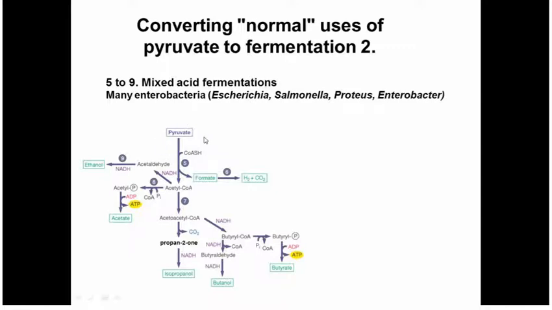Now, what is happening here? So the first step is pyruvate getting converted to acetyl coenzyme A. What normally happens is that this is catalyzed by pyruvate decarboxylase, and this will result in the formation of another molecule of NADH. Do we want this to happen if we're talking about fermentation?